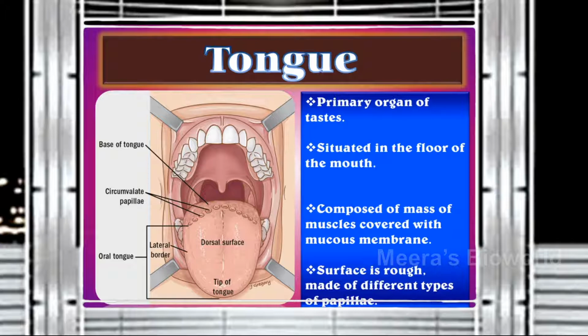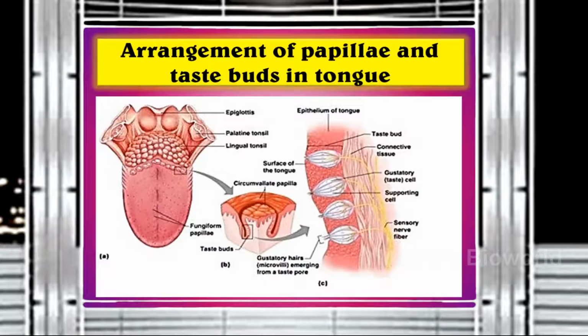Tongue is the primary organ of taste situated in the floor of the mouth. It is composed of a mass of muscles covered with mucous membrane. The surface is rough and made of different types of papillae. Chemoreceptors seen inside the mouth and tongue help us to detect taste.